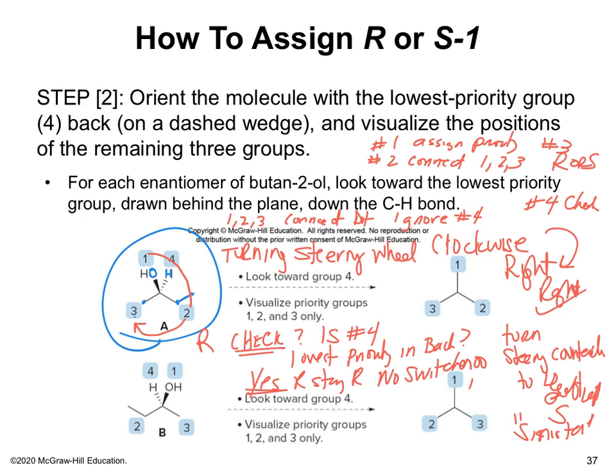And then R would become, and you'd see me do this, R becomes S. So since your lowest priority is in the back, R stays R. So this one's R. And you will see that the book actually redraws it and does a switch, which I think you'll find is time consuming and creates another opportunity for mistakes.